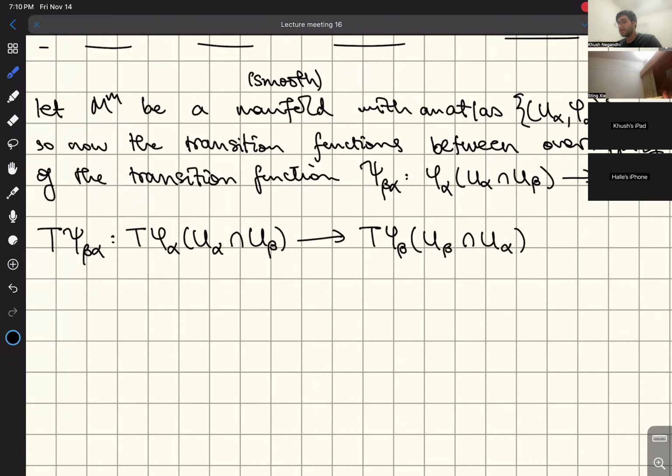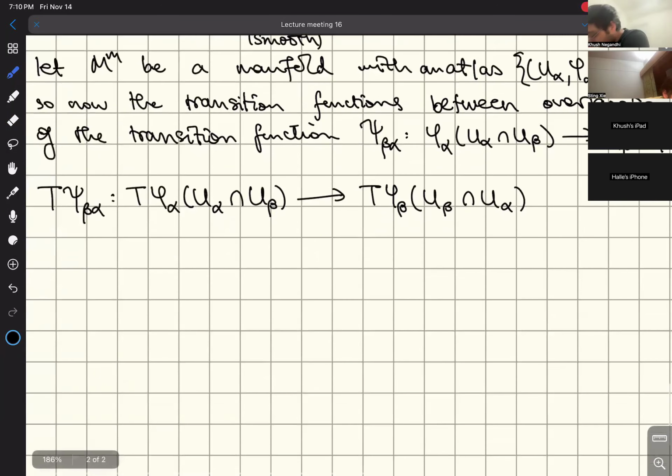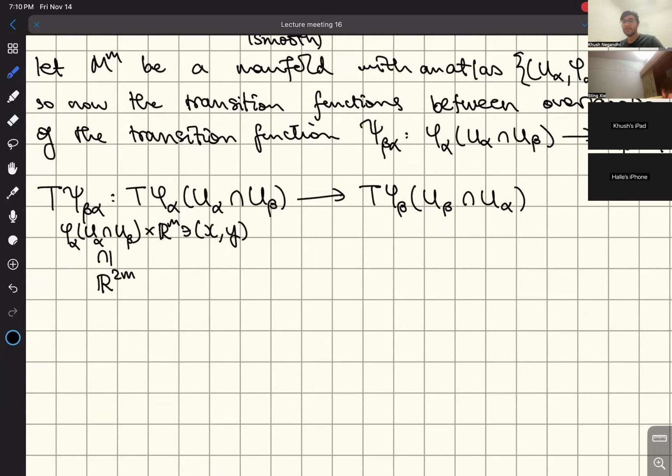It takes an element (x, y), which is an element of phi alpha of U alpha. Okay, I need more space. So it's R^m here, and then phi alpha of U alpha intersect U beta, which is itself a subset of R^2m.